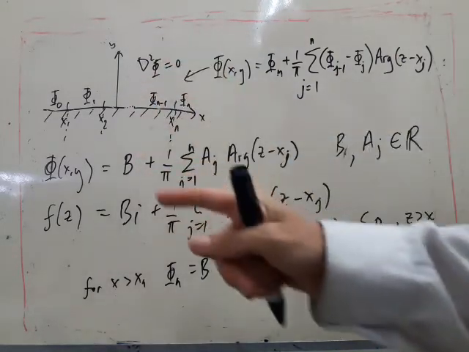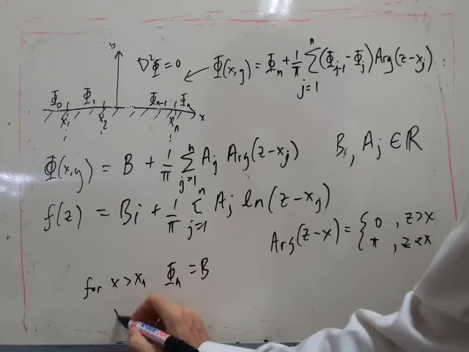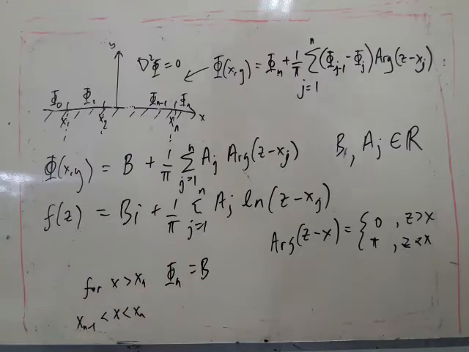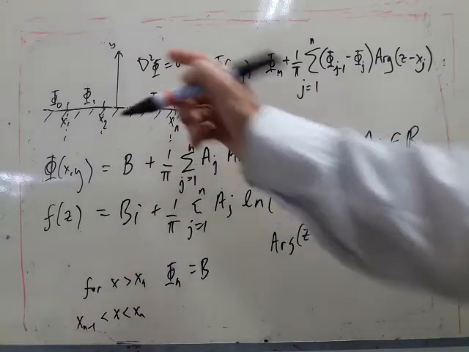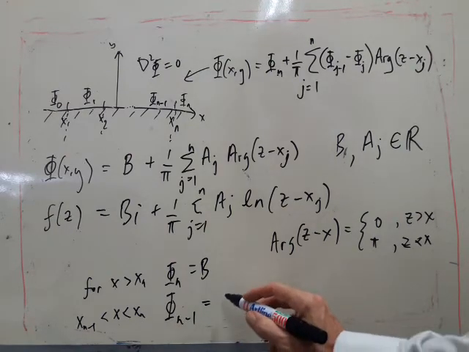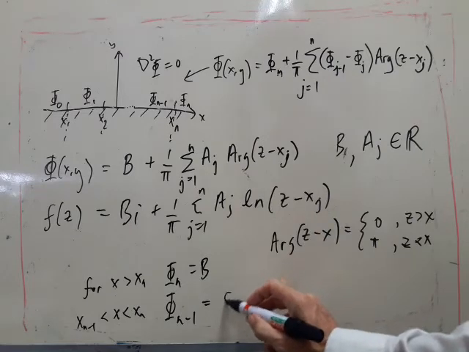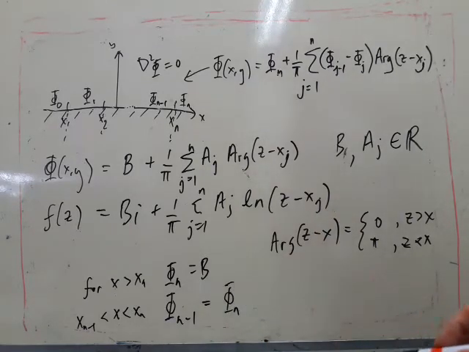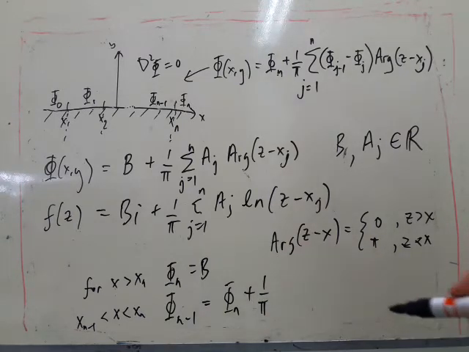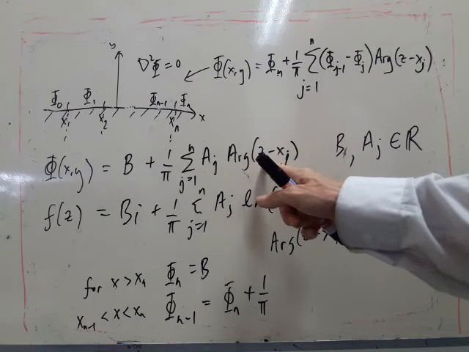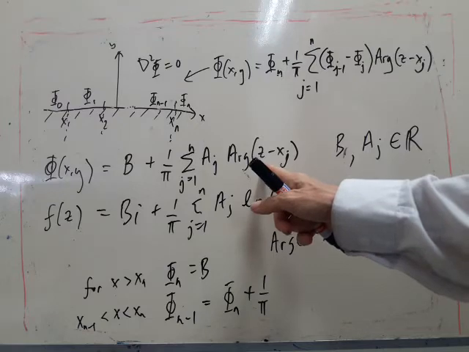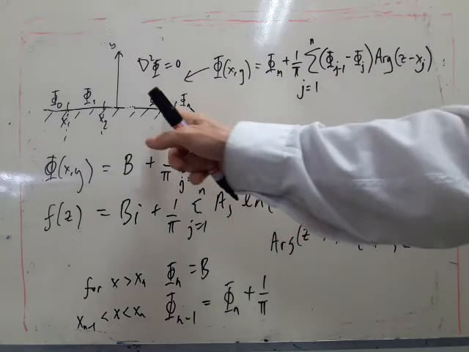So now we consider what happens if x is less than xn, but greater than xn minus 1. Then we've got phi n minus 1 is equal to b, which now we know is phi n, plus 1 over pi. Then basically what happens is we're going to have just one thing which is not 0.